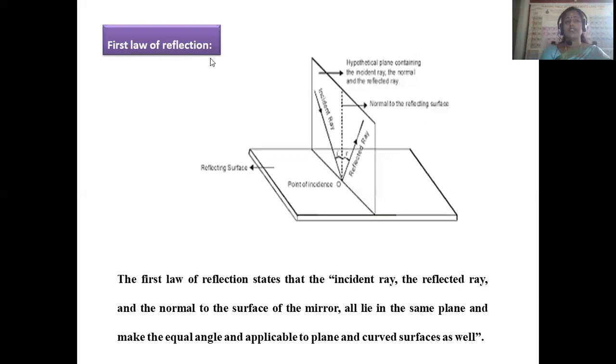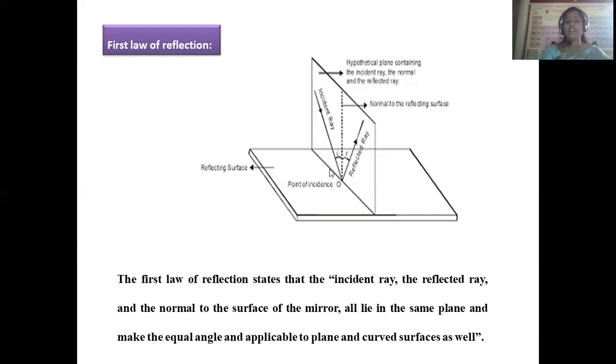So here, the first law of reflection. We will discuss what is meant by the first law of reflection. The first law of reflection states that the incident ray, the reflected ray, and the normal to the surface of the mirror lie on the same plane and make equal angles, applicable to plane and curved surfaces as well. Just now we discussed the law of reflection. That law of reflection itself is called the first law of reflection.